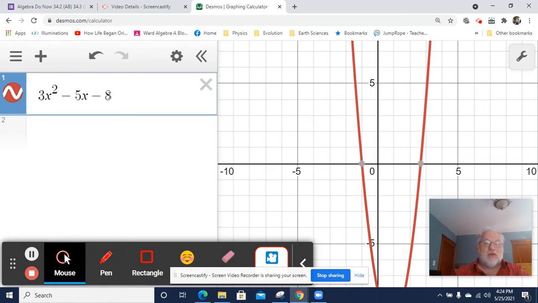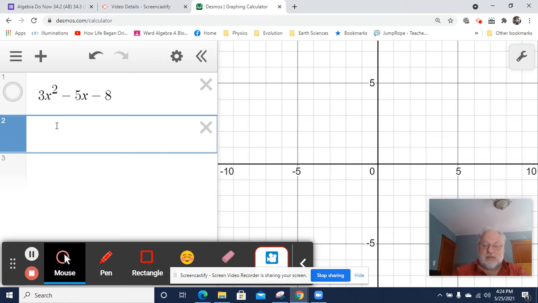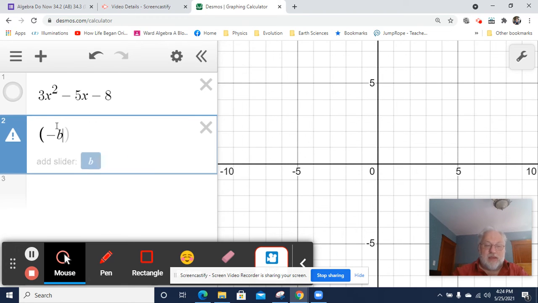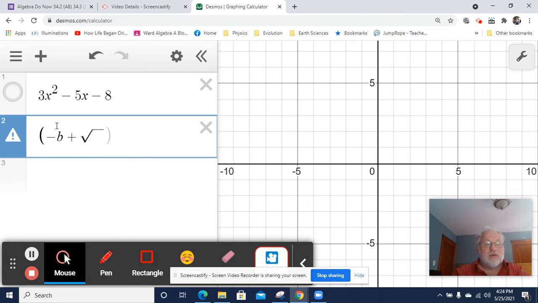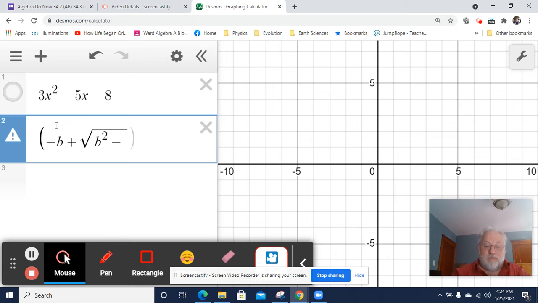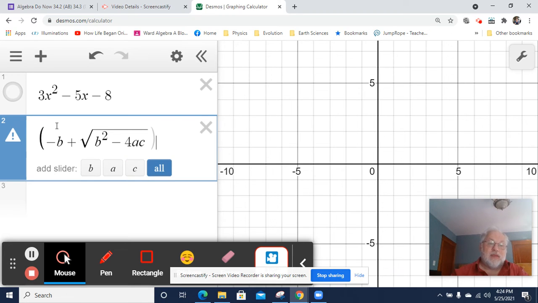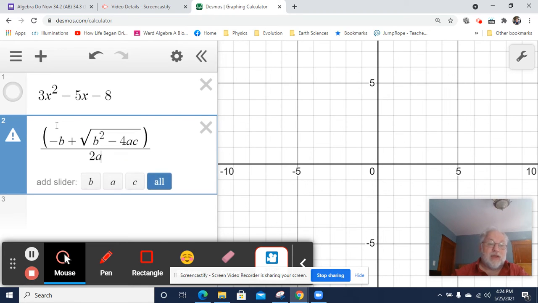And there's our equation. You can see the equation nicely. I'm going to turn it off, though, so it doesn't distract. And we're going to say -b plus or minus the square root of b squared minus 4ac. That's all going to be over 2a.